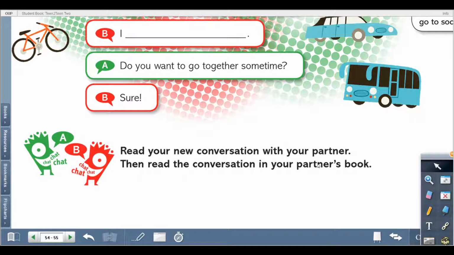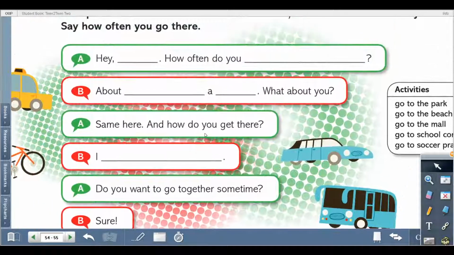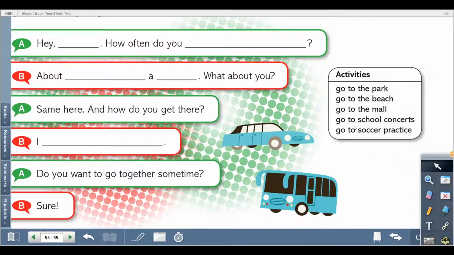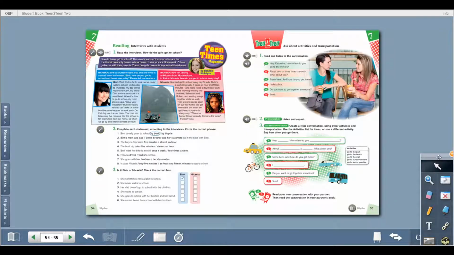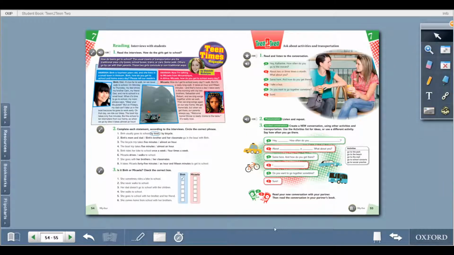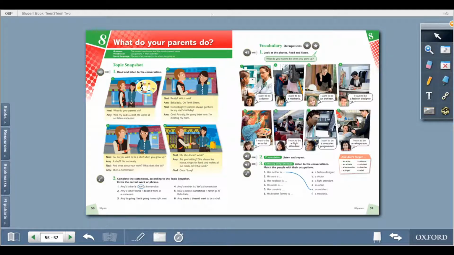Video conversation with your teacher or your partner. Okay. Go to the park, go to the beach, go to the mall, go to school concerts, go to soccer practice, and so on. Okay, let's turn over the page.